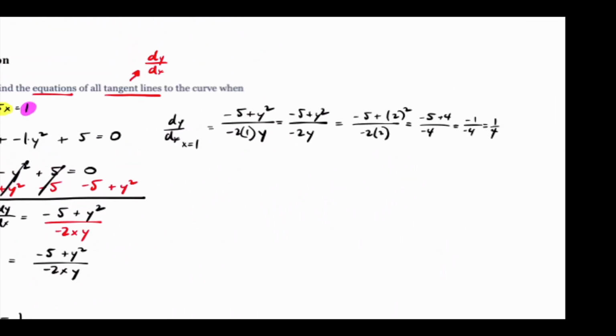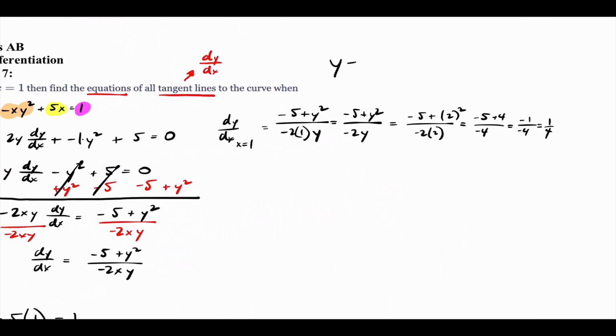So let me build that equation. y minus y1 equals slope times x minus x1. So the slope for this guy is 1/4. The x value was 1. The y value was 2. There's one of our answers.